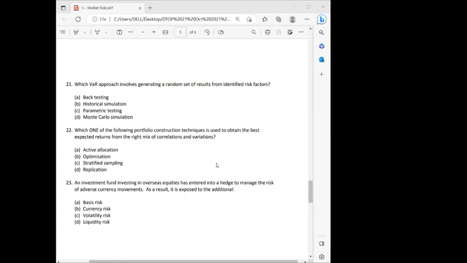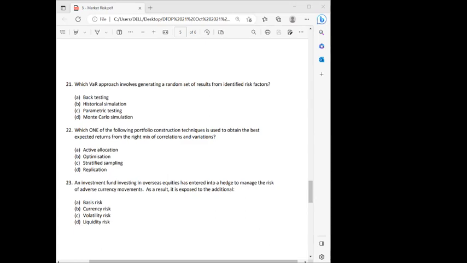Let's see what the question is. An investment fund investing in overseas equities has entered into a hedge to manage the risk of adverse currency movements. As a result, it is exposed to the additional basis risk, currency risk, volatility risk, liquidity risk.